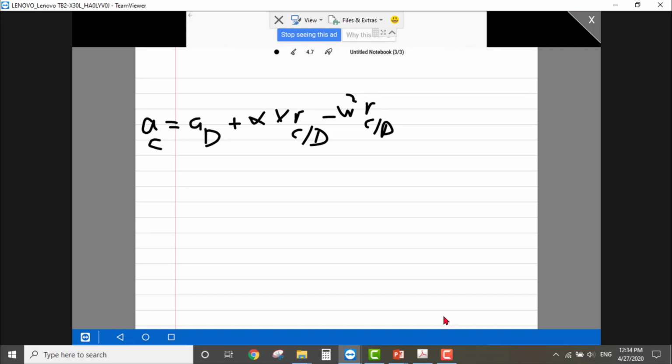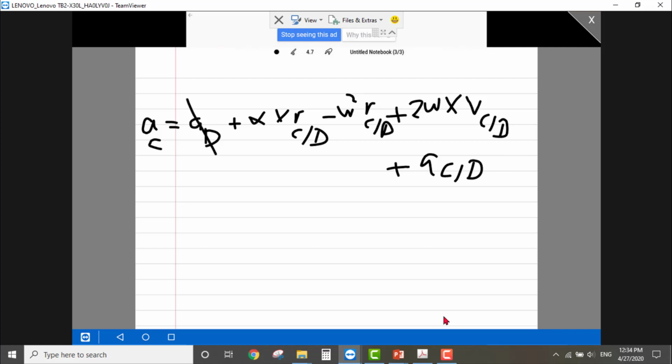Now plus 2 omega CD, of course, cross product VC with respect to D, plus acceleration AC with respect to D. Now AD is 0.